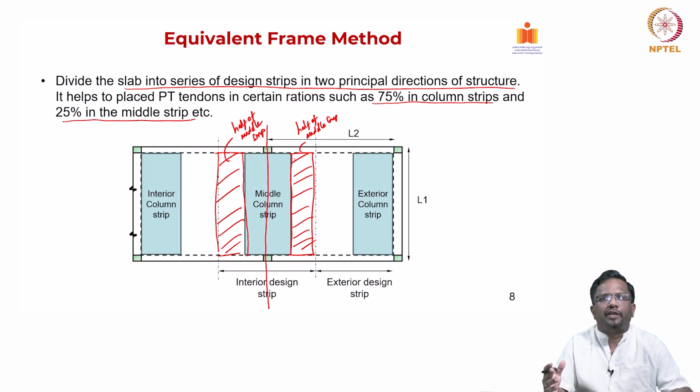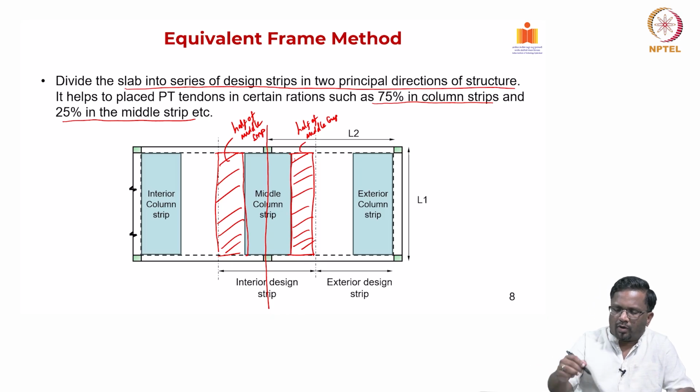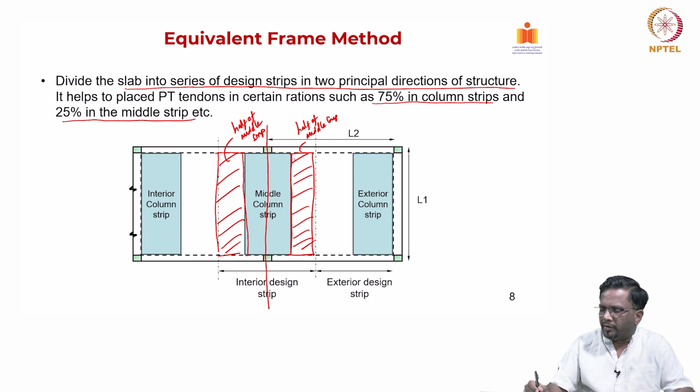Okay, this is a generic guideline. Of course, it can be changed depending upon the layout we have. Now, for the strip, that is the frame that you are doing along the direction, typically the span is considered as L1, and the perpendicular width is typically taken as L2. Right. So, for example, this is an interior strip and this is an exterior design strip.